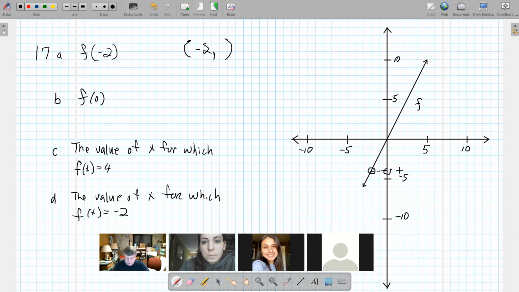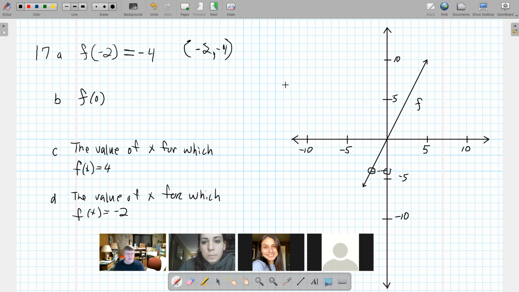What is it? Is it -4? Yep, it is. So if we completed the ordered pair, it'd be -2, -4. But in function notation, f of -2 equals -4, right? Everybody okay with that?